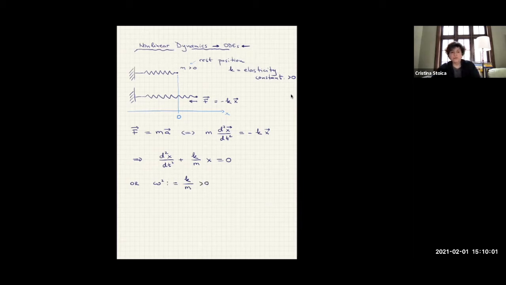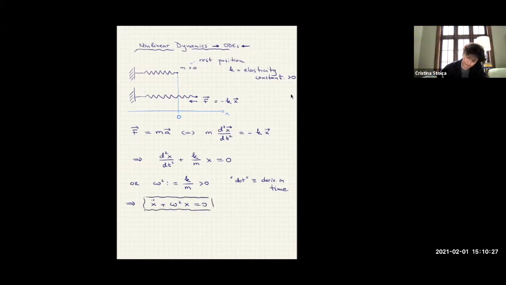We use the dot notation for derivative in time. So basically what we have here is a wonderful harmonic oscillator ODE. This is the simplest linear ODE of the second order that you do in your ODE intro course.